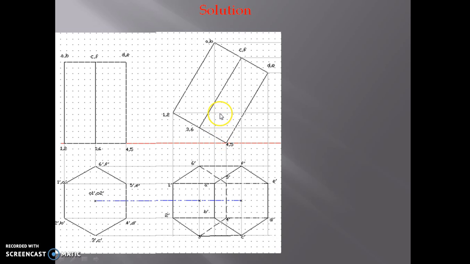We can rotate this in a clockwise as well as an anti-clockwise direction. In both directions we can rotate. Rotate in such a way that the base of this front view should make 30 degree angle with the HP. So this is the angle: this base is making 30 degree angle with this reference line or XY line.